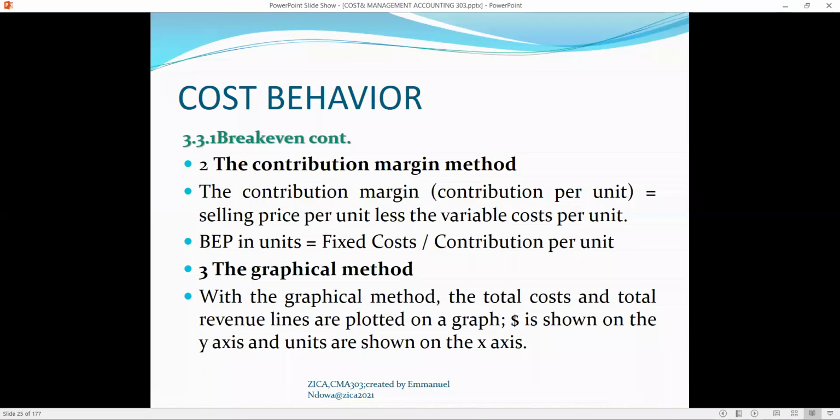Is there anyone with a question on the contribution margin method and the equation method?